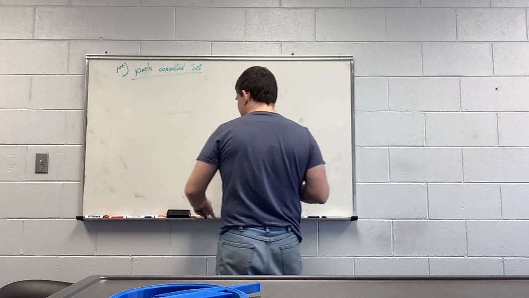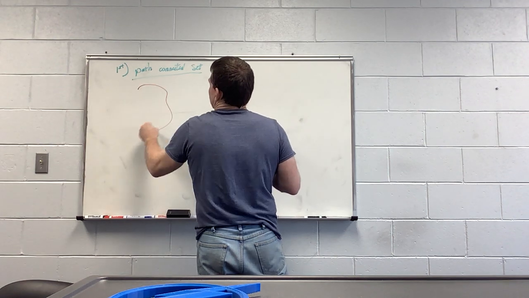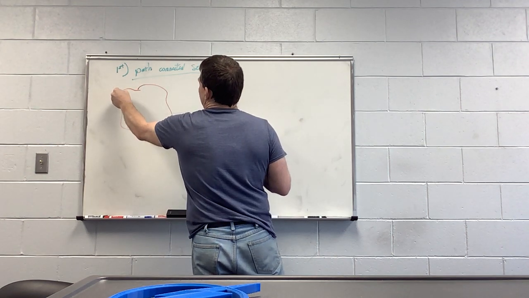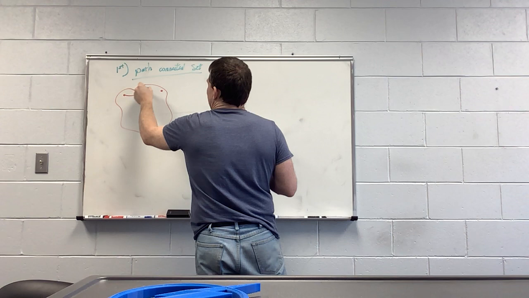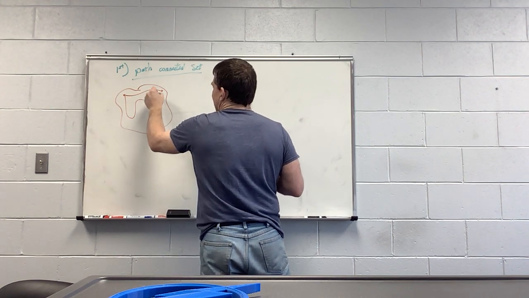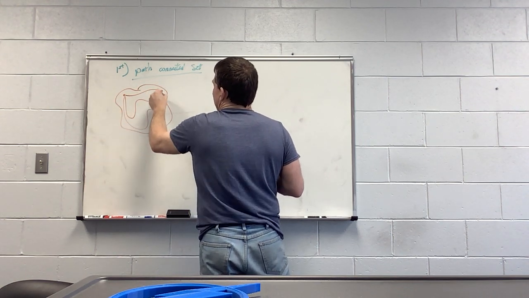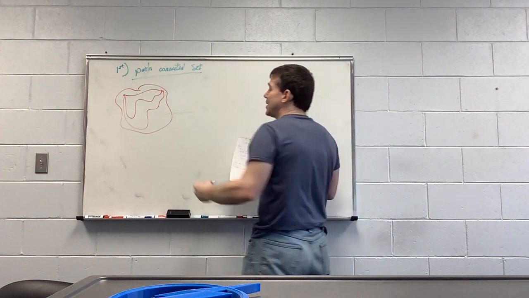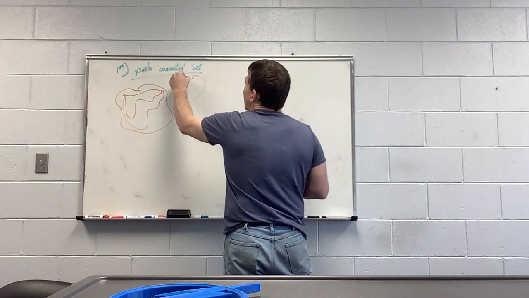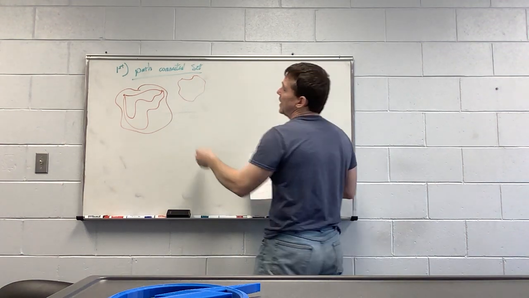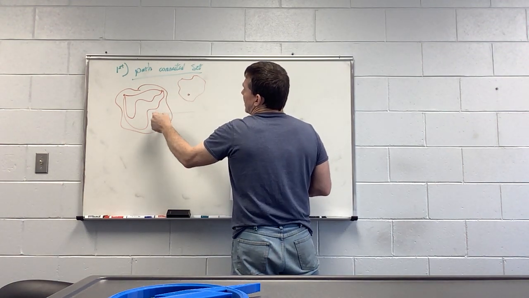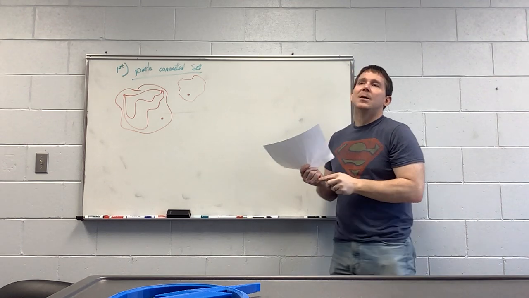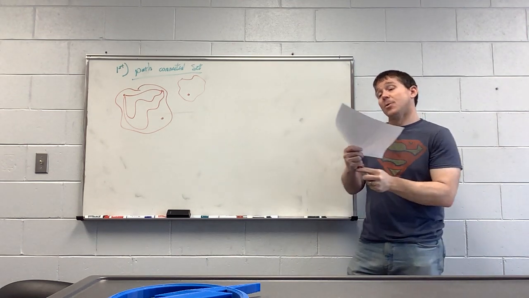It does not have to be a straight line path. If that's my domain right there, if I have a point here and a point over here, I can connect them with a path. I can do lots of different paths. It doesn't matter, I can always get from A to B. Obviously, the only way this wouldn't work is if my domain was also over here, because then I couldn't get from there to there. So path connected is pretty straightforward.